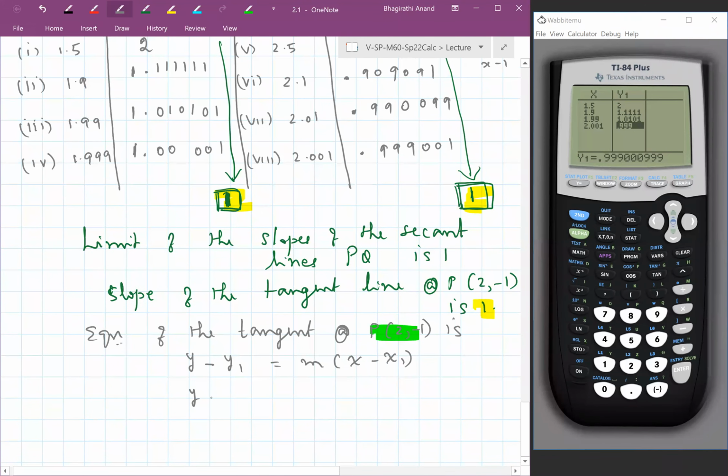That is y minus of -1. m is 1 in this case. x minus x1 is 2. That is y plus 1 equal to x minus 2. So y equals x minus 3. That is the equation of the tangent line.